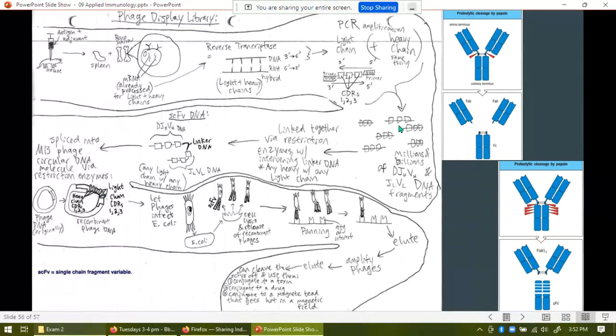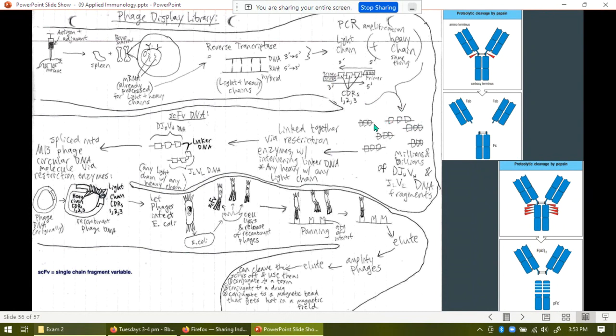So what you need to do is actually throw a heavy and a light chain together using restriction enzymes. And the restriction enzyme cutting site is located inside the primer. So you're going to use a restriction enzyme to ligate two of these together, right?